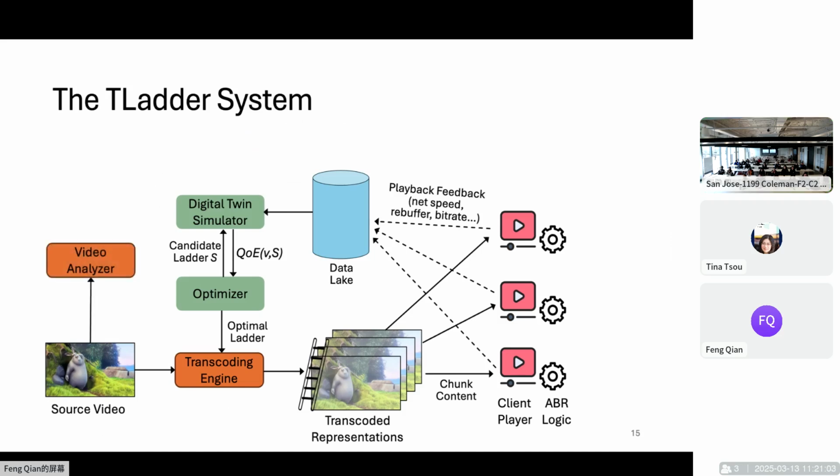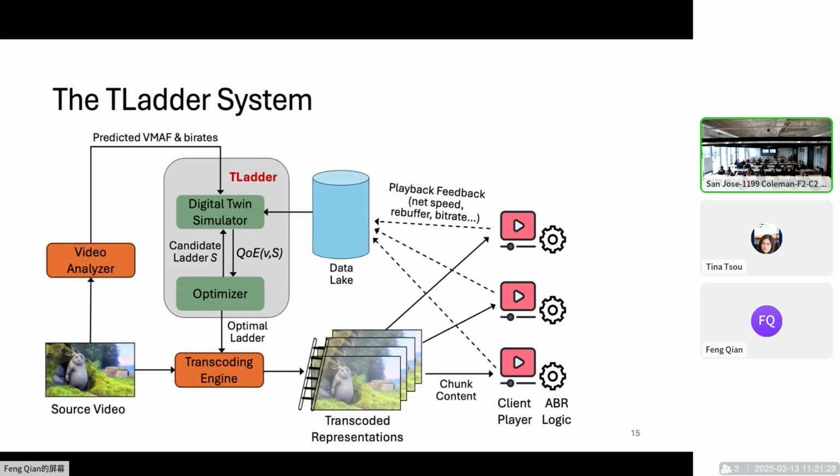Also we have a video analyzer, which tries to predict the VMAF and the bitrates, which are also used by the simulator for QE calculation. For this T-ladder part, when a video is uploaded, it needs to be transcoded, so this function is invoked to determine the ladder.